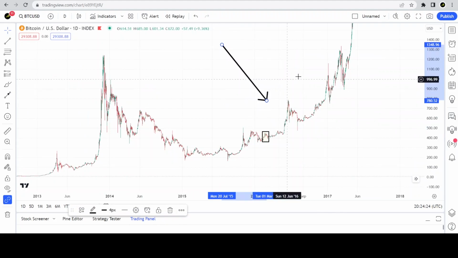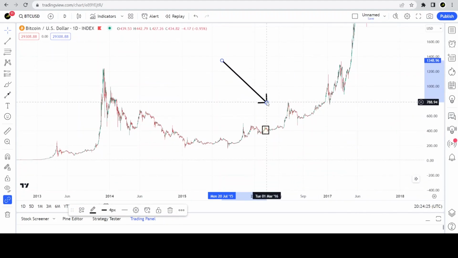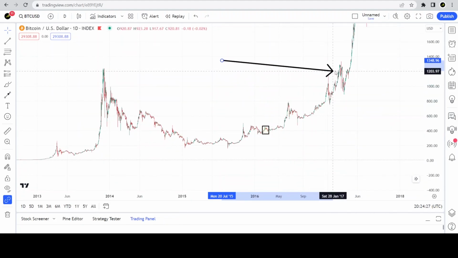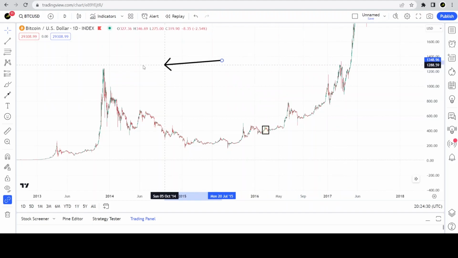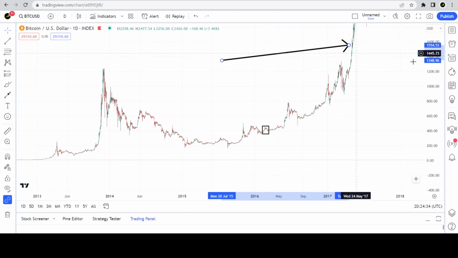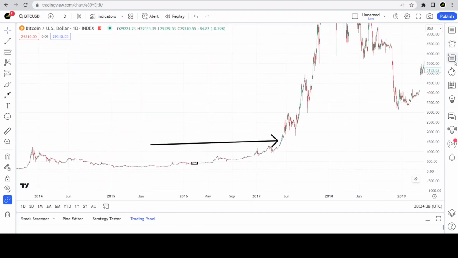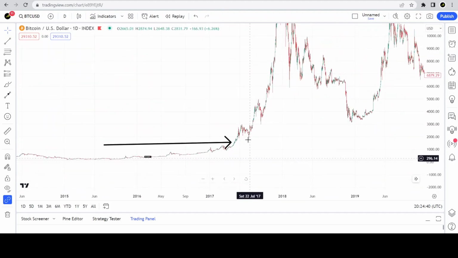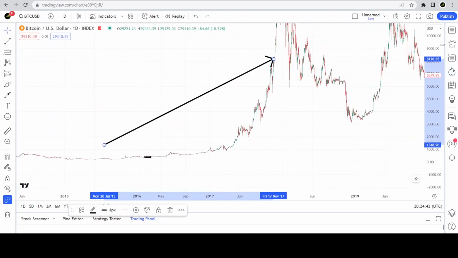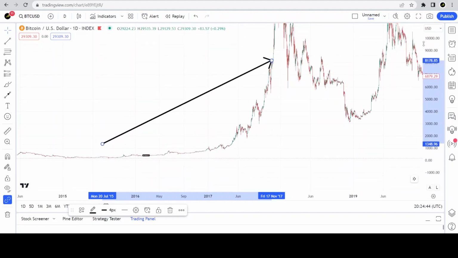Now, back here in 2016, well, this took place in 2017 now, once it gets above this previous peak, that's when you start getting more vertical movement. However, there are still some pullbacks, as should be expected, but eventually it comes to a peak.